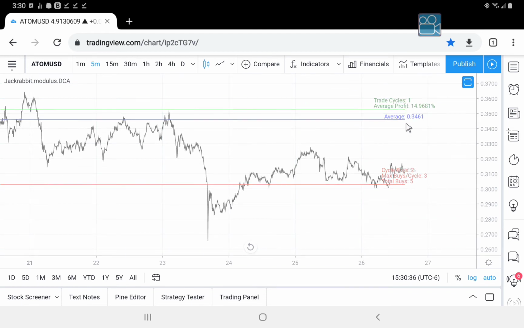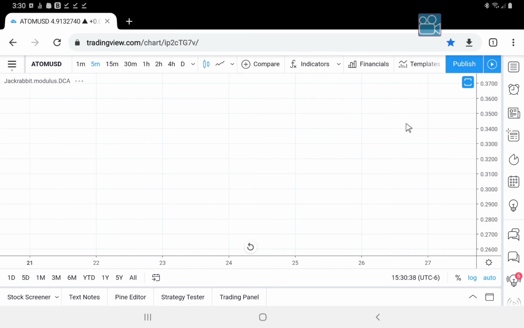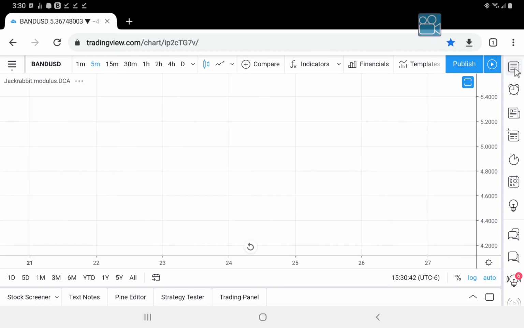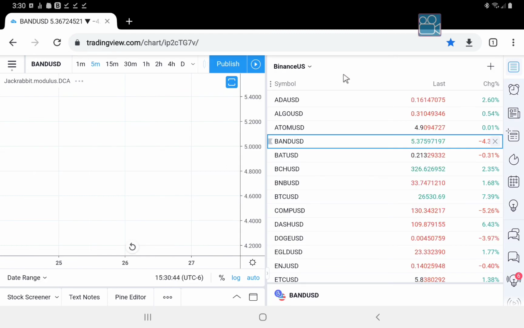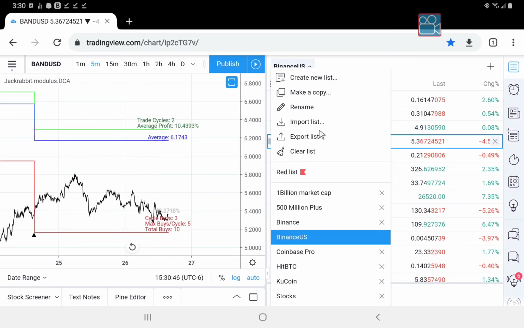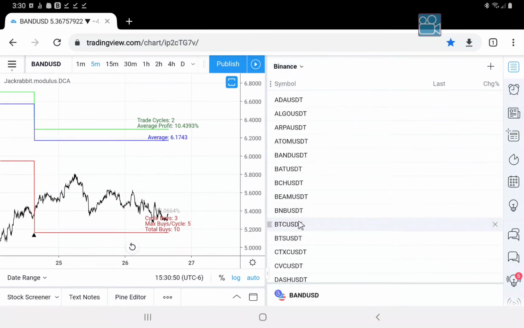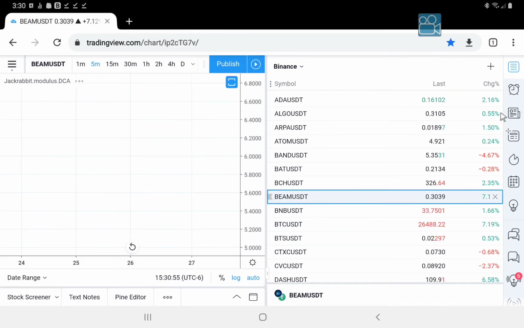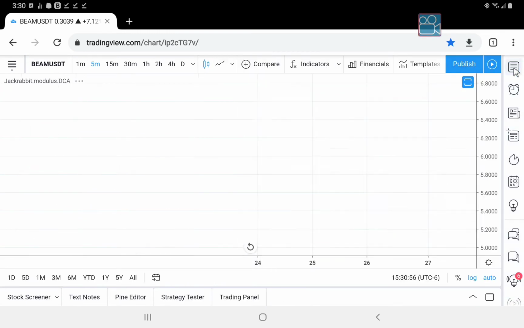But let's see if we can find a better example. Actually, let's go to a coin that I don't recommend you trade, and I don't trade it at all. Not unless you understand its dynamics, because it can be a very difficult coin.